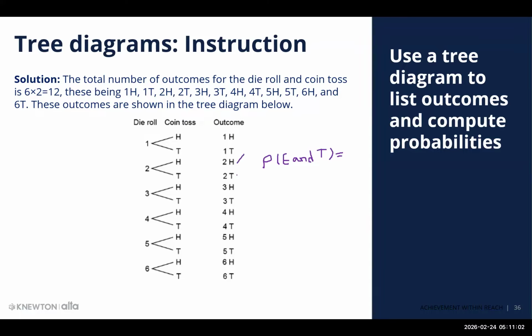So that's this one, this one. These are just the even numbers. This one, this one. So it's those, and then among those that have tails, I'm gonna put an X for them. So there's 3 out of the 12, and that answers the question. You can reduce this to 1/4.